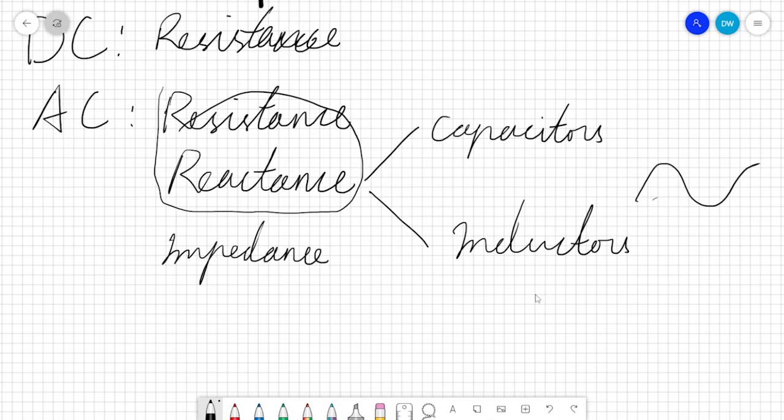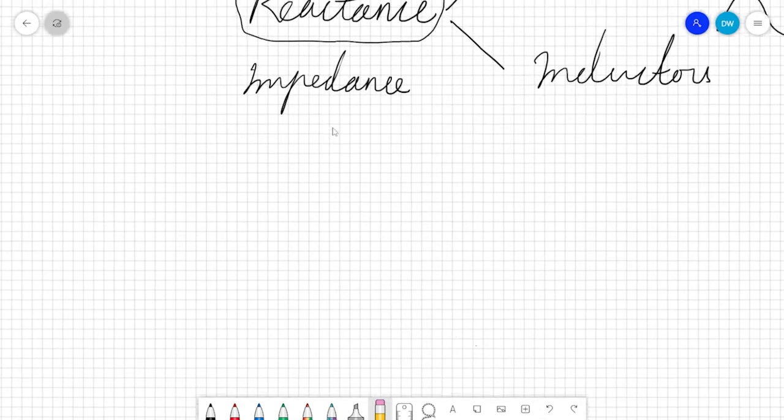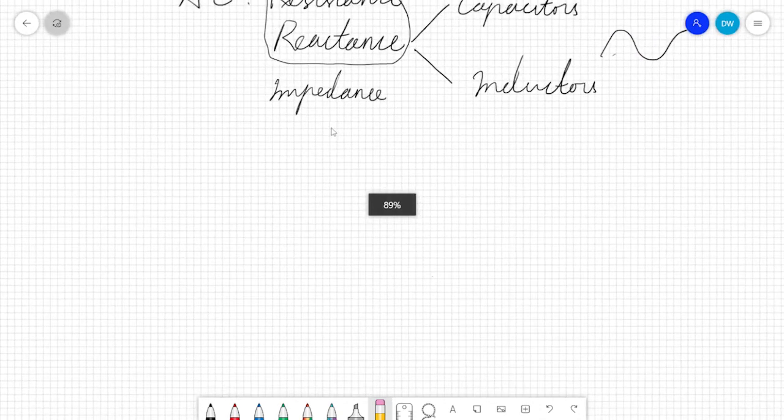So today we'll just try to focus on making sense of capacitive and inductive reactance in a more intuitive way. Now, let's first have a look at capacitive reactance in a bit more detail.